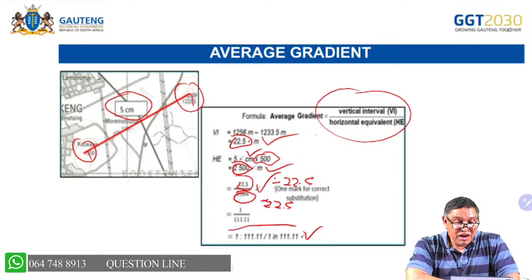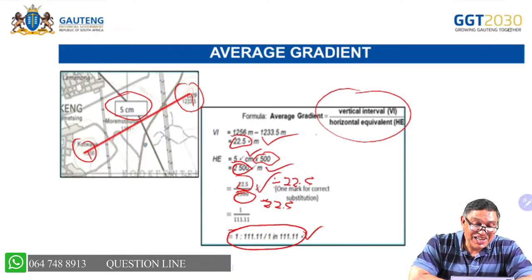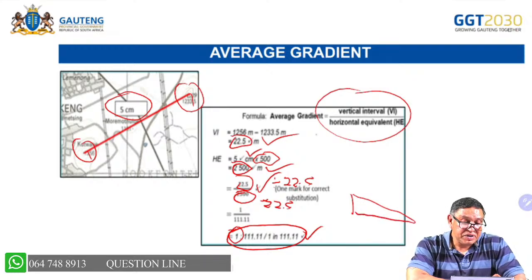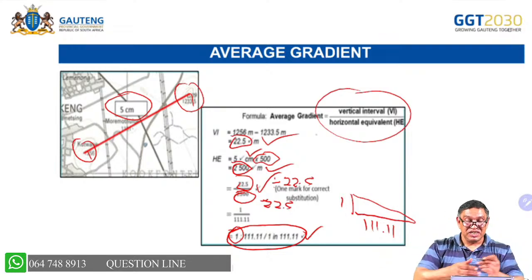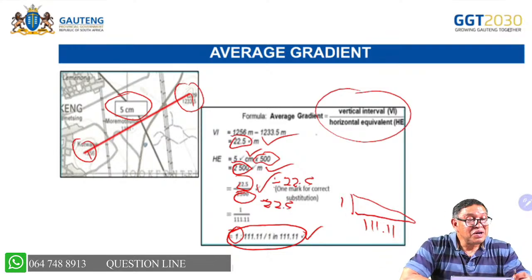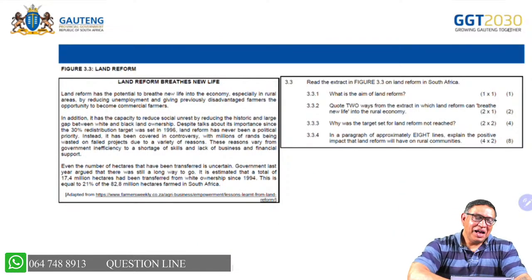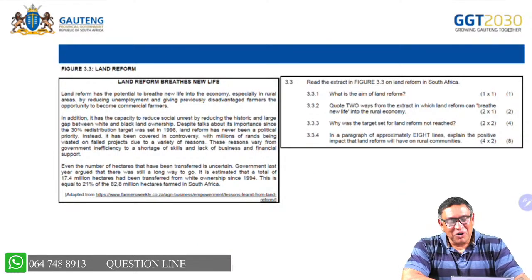So this is a fairly gentle gradient. Okay, because 1 meter vertically represents 111 units horizontally. So it's a fairly gentle gradient.